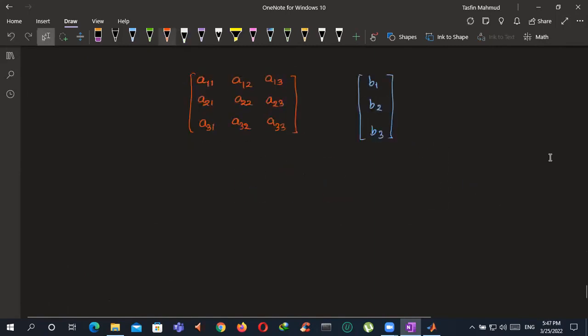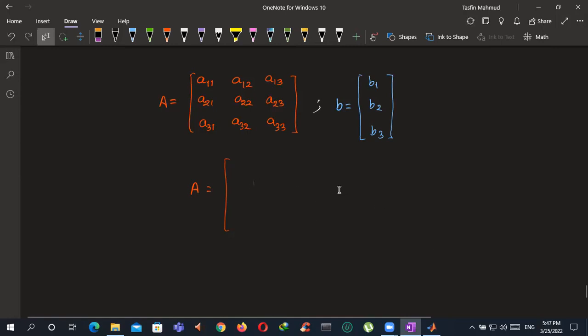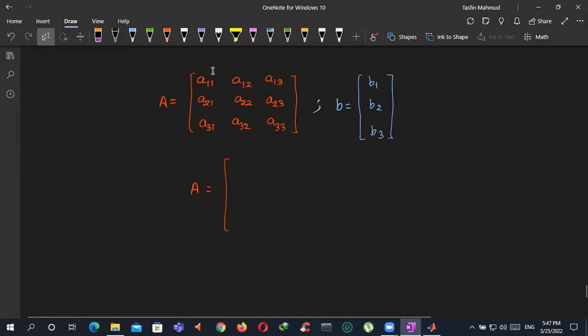We have the A matrix, the coefficient matrix, as this. We have the B matrix as this. And we are augmenting them and making the augmented matrix look like this. Augmenting means simply joining the elements. Let me copy once again.